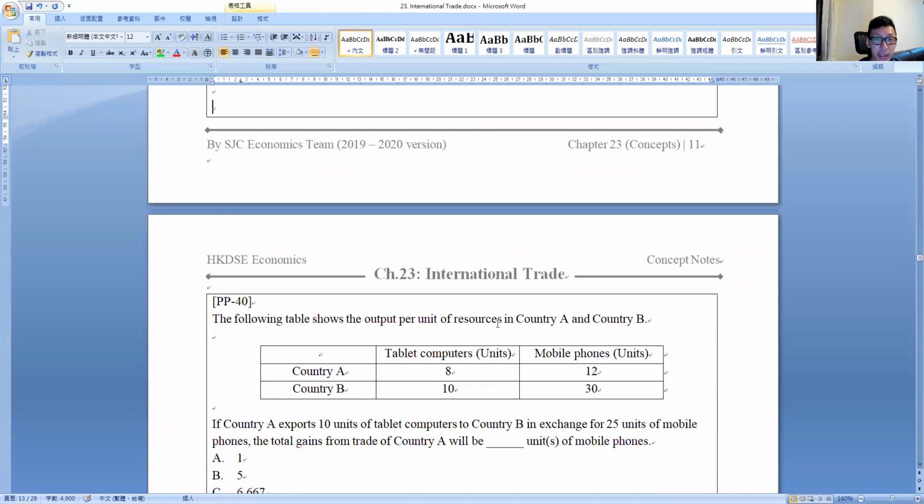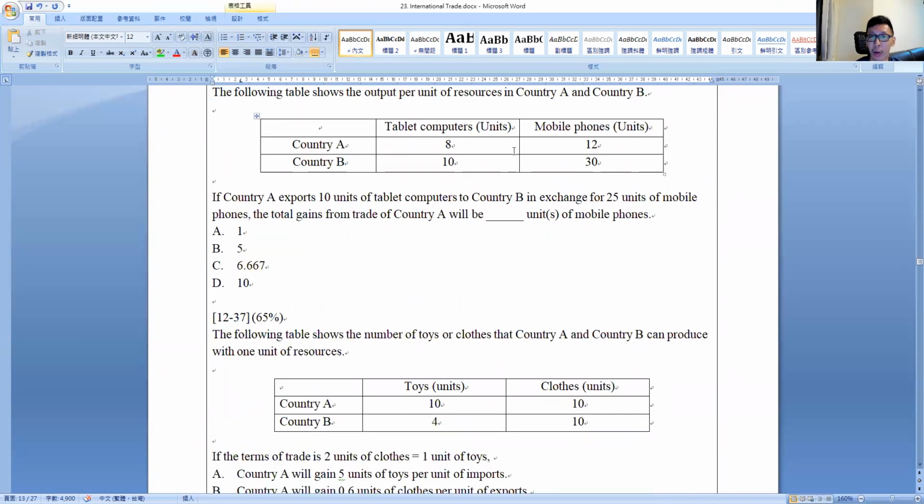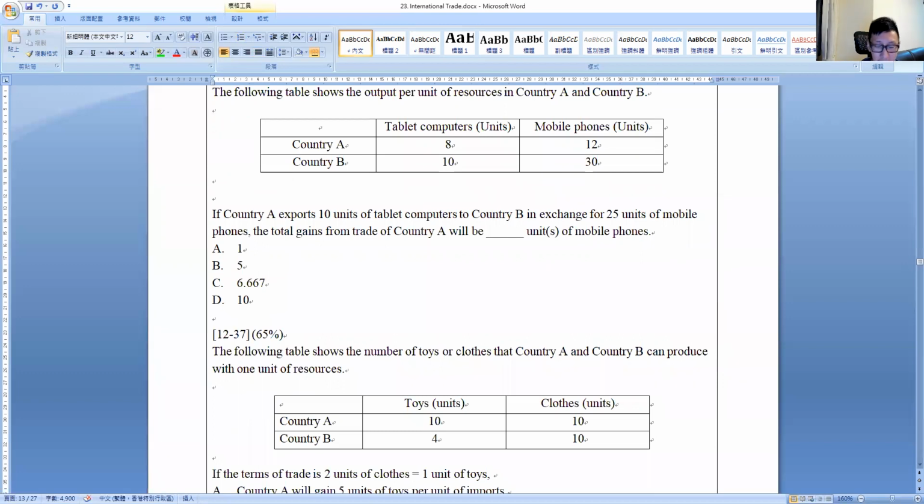Now we are into the DSE region, right? First of all, it shows output per unit of resources. I won't draw it, okay? You know all are 1, right? Now let's calculate the costs first.